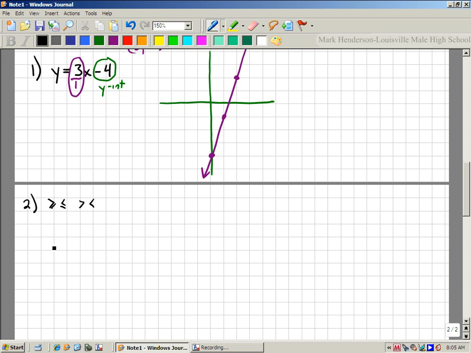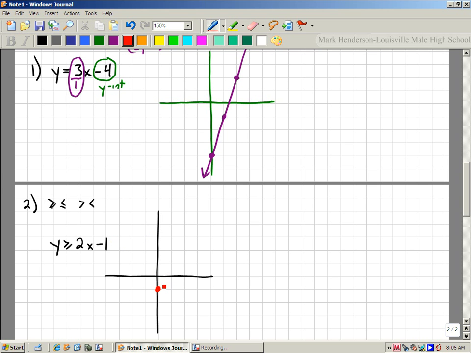Okay, so what if we have something like this? What if we have y is greater than or equal to 2x minus 1? So, first of all, I'm going to graph my line.